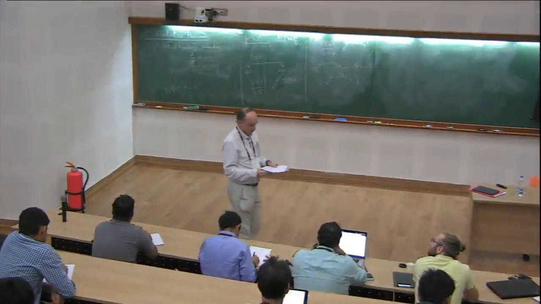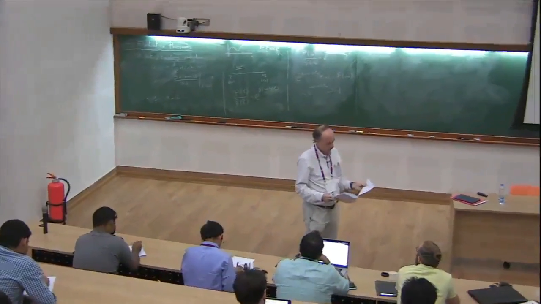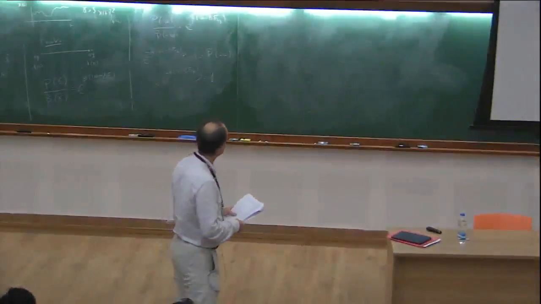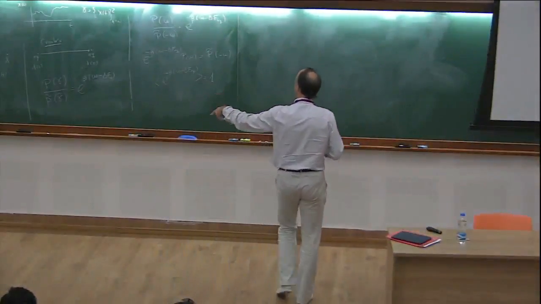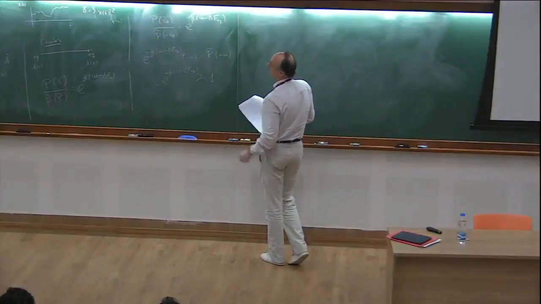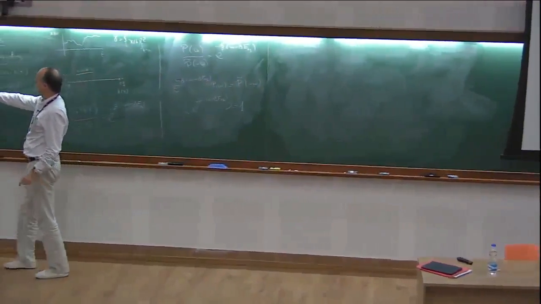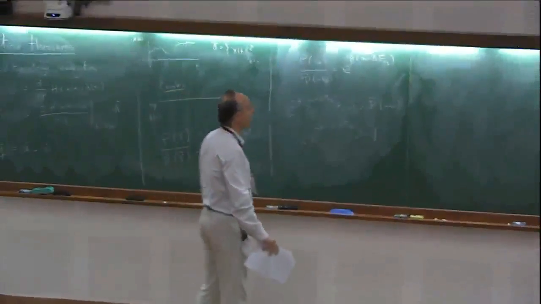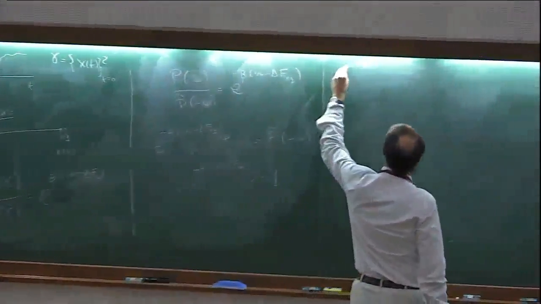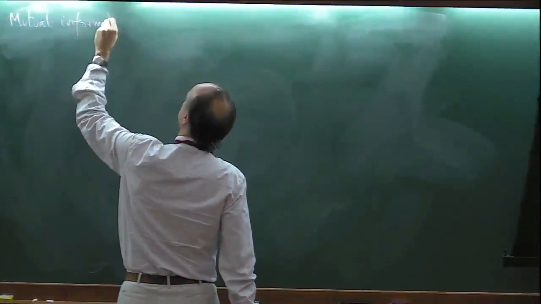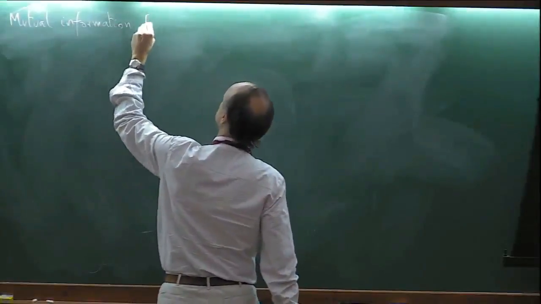I don't have time to prove it, but let me tell you that as well as we define quantities like work, heat, and energy, we can define a mutual information for trajectories.